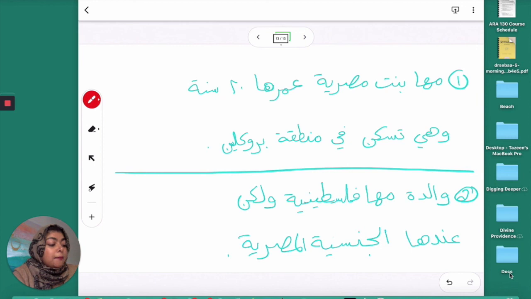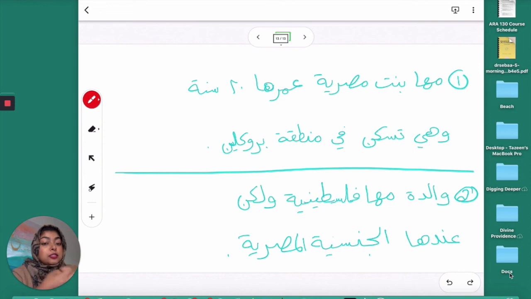So when we say Maha bint Masriya, Maha is an Egyptian girl. This right here, Masriya, some of you might have underlined this. That would be wrong, because you're not telling us that she's a girl of Egypt. Egypt owns her. No, we're just saying she's Egyptian. That's just an adjective, a sifa. Nisba. Remember, nisba adjectives were a sifa, adjective. Idafa is not an adjective.